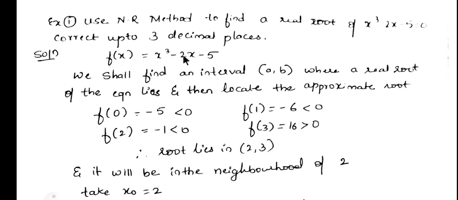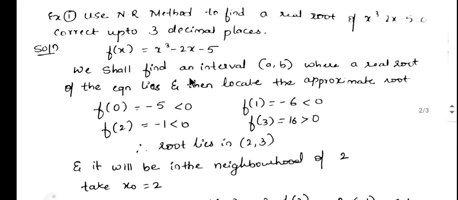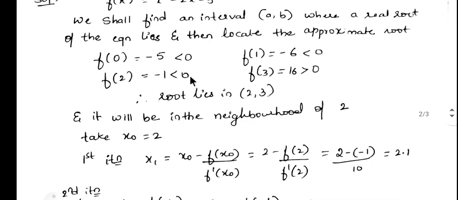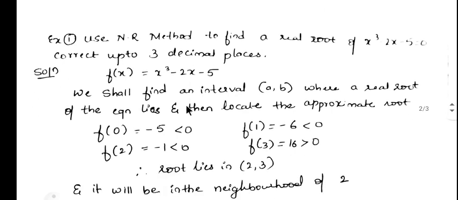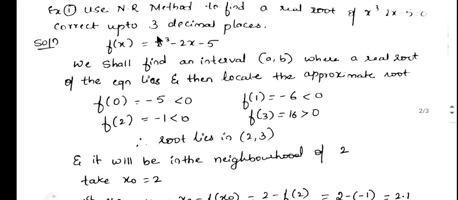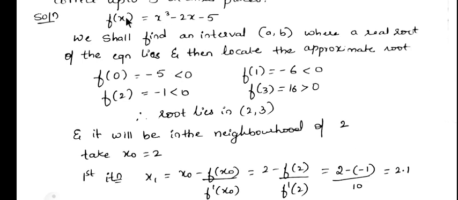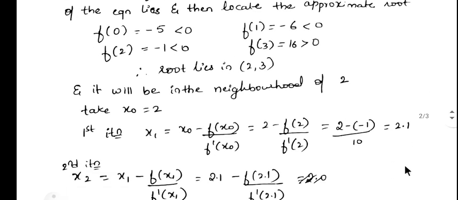In that equation I have to substitute x as 2. 3x square means 3 into 2 square, that is 4, and 4 3s are 12. 12 minus 2 is 10. Simplify it, and you are going to get the answer as 2.1.